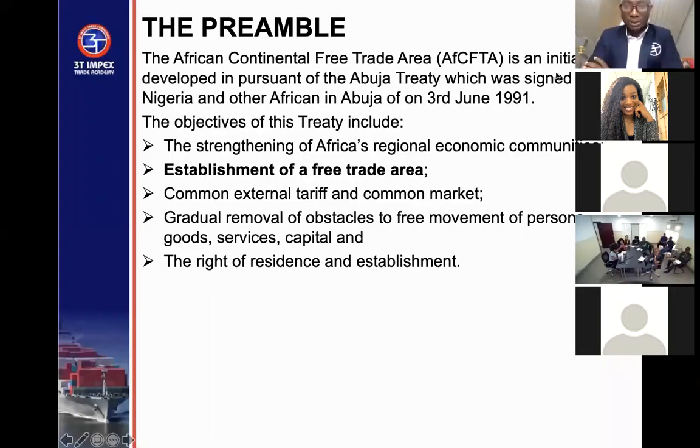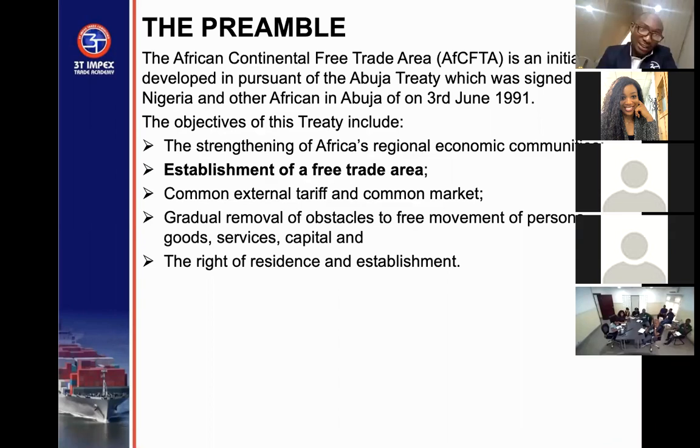The AfCFTA is an initiative developed from the Abuja Treaty, which was signed by Nigeria and other African countries on the 3rd of June 1991.